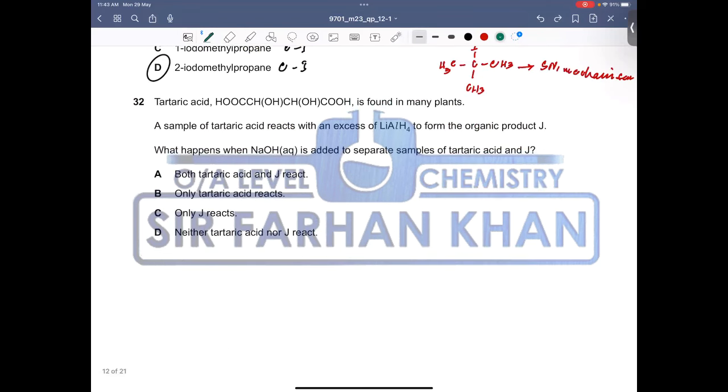Next, question number 32. Tartaric acid is found in many plants. A sample of tartaric acid reacts with an excess of lithium aluminum hydride to form an organic product J. What happens when NaOH is added to separate samples of tartaric acid and J? First of all, this is your tartaric acid. Let's make this structure first.